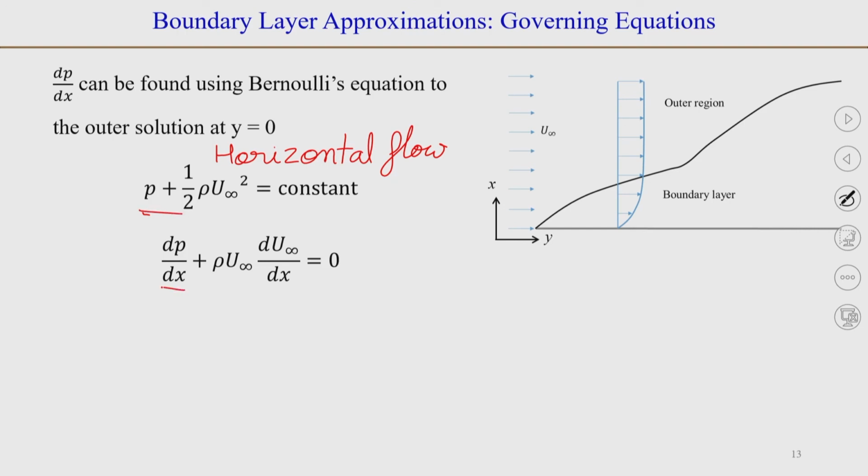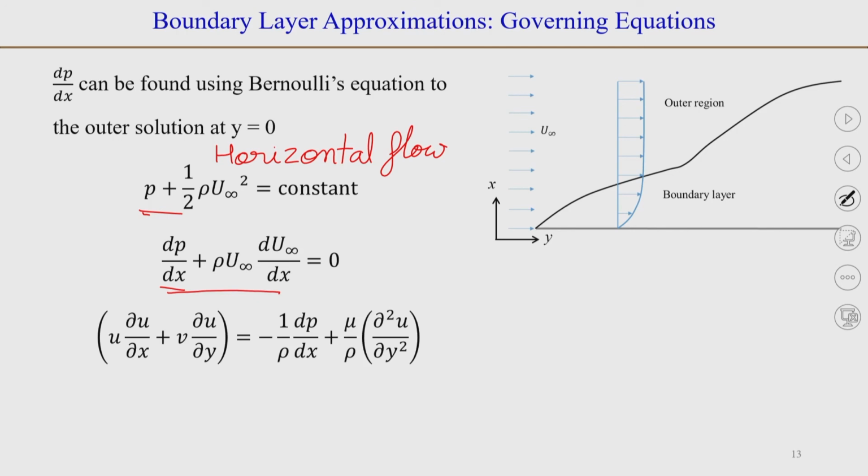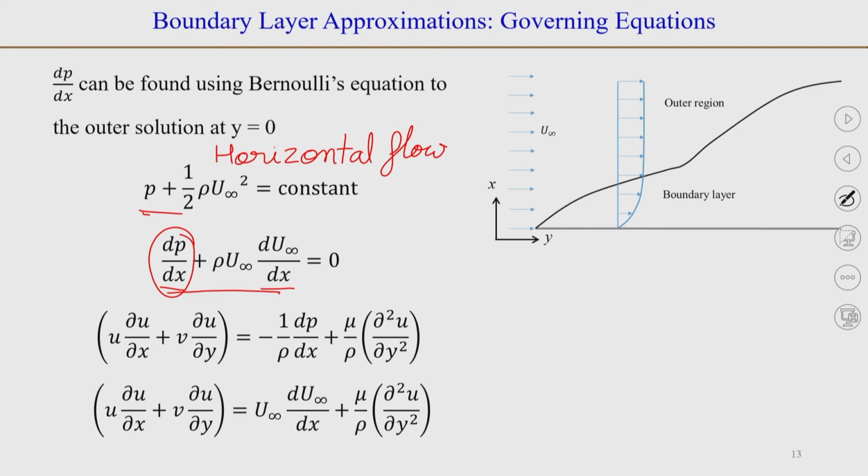This will give us dp/dx plus half ρ 2 u∞ into du∞/dx, and the 2 will cancel out. So, you will have this formula. Now, we can substitute dp/dx equal to minus ρ u∞ du∞/dx. We can do that and this will become our simplified equation. Okay.